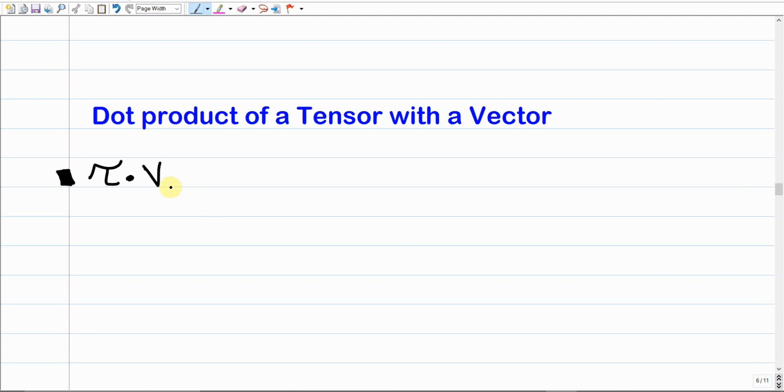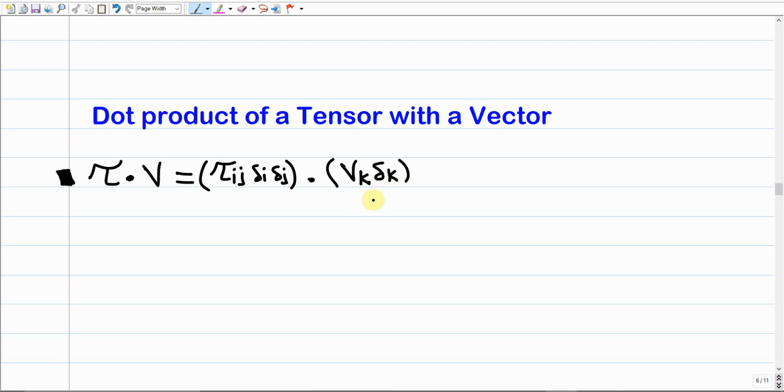So let us assume that we have the dot product of a tensor dot vector. To know what we're going to end up with, let us write the tensor in terms of its components. It's going to be tau ij delta i delta j. It is a second order tensor, so it has two unit vectors, dotted with the v. For the v, we have to use a different index that we didn't use, because we're still working in the same term.